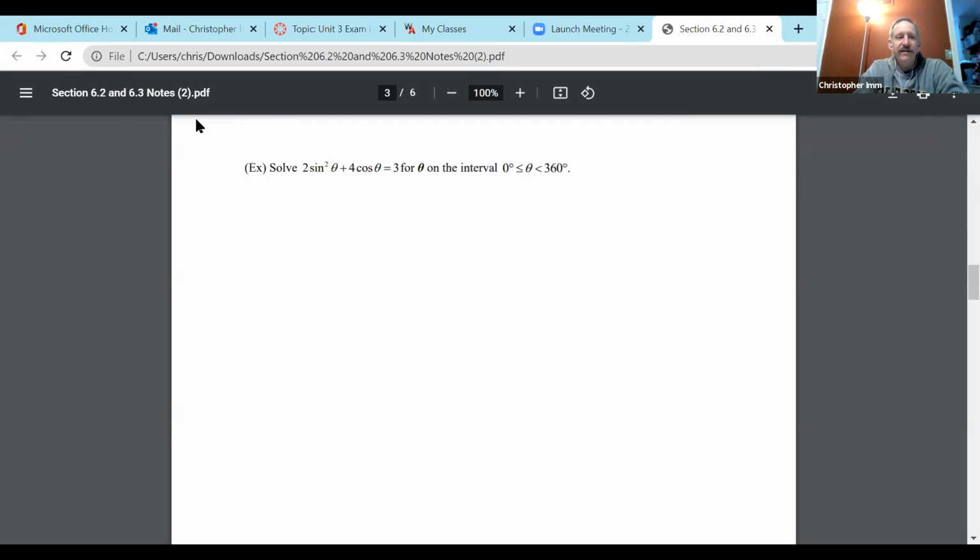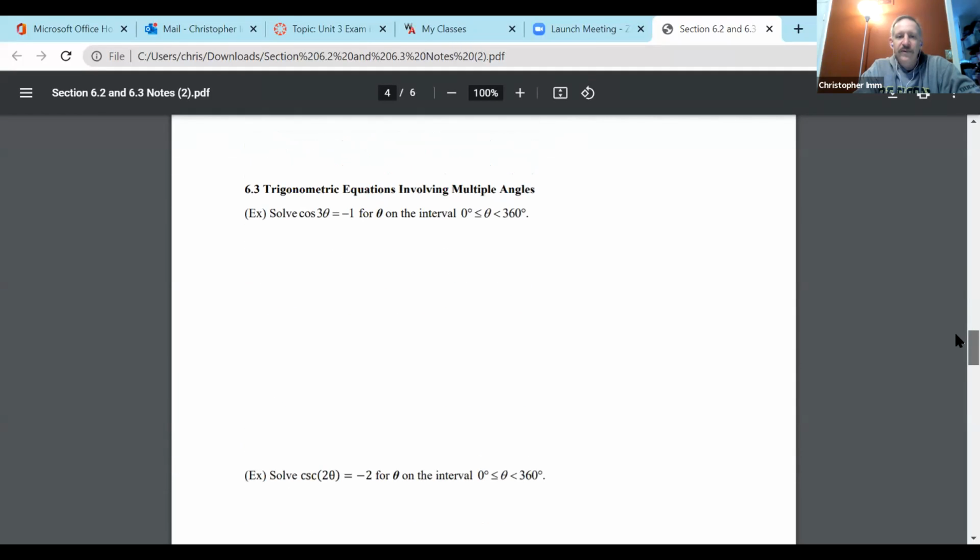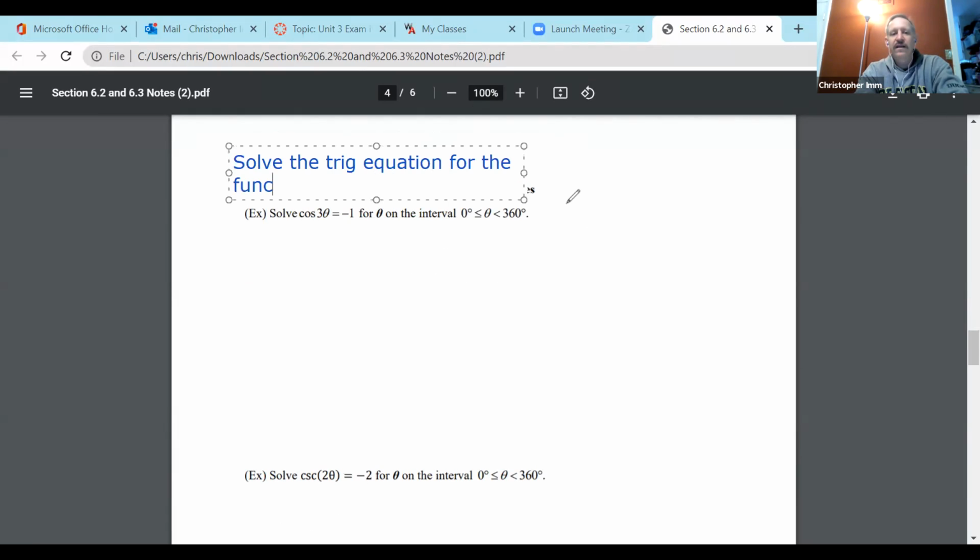Really what we're going to do here is our strategy is going to involve solving for the multiple angle. So let me scroll down here. When we have equations involving multiple angles, here's our strategy. We're going to solve the trig equation for the function of a multiple angle.